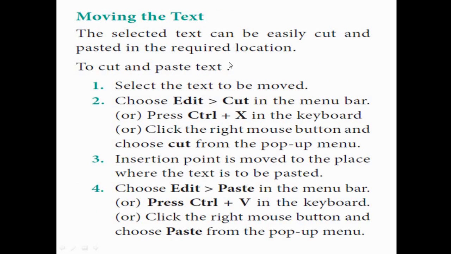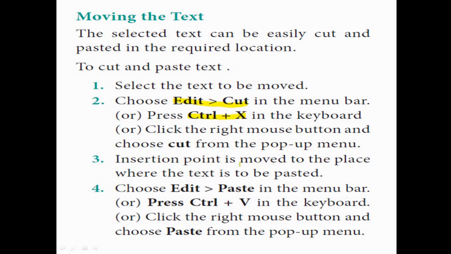Moving the text. You can move the selected text. Either you can use the menu, Edit, Cut, or you can use the shortcut key Ctrl plus X. Select the text which you want to move, go to the menu, Edit and select Cut, or press Ctrl plus X. Then go to the place where you want to place the text.